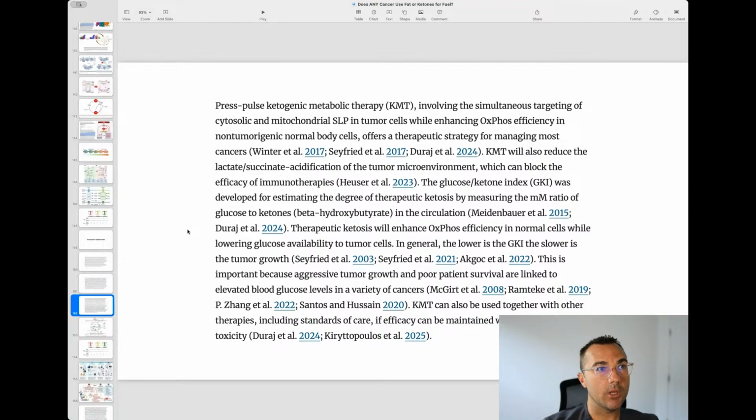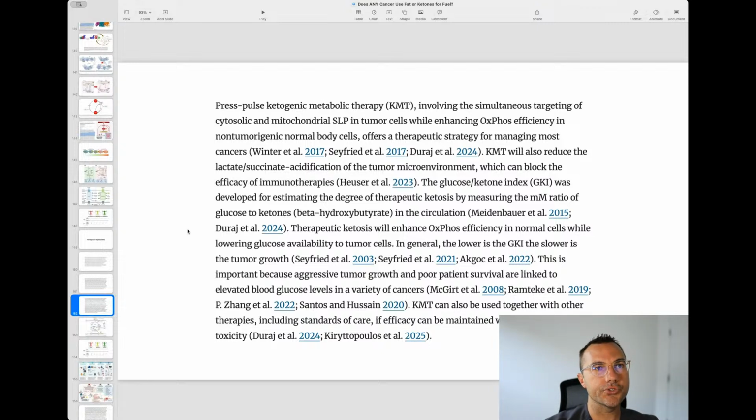Press-pulse ketogenic metabolic therapy, KMT, involves the simultaneous targeting of cytosolic and mitochondrial substrate level phosphorylation, or SLP, in tumor cells while enhancing OXPHOS efficiency in non-tumor cells, normal body cells, offering a therapeutic strategy for managing most cancers.